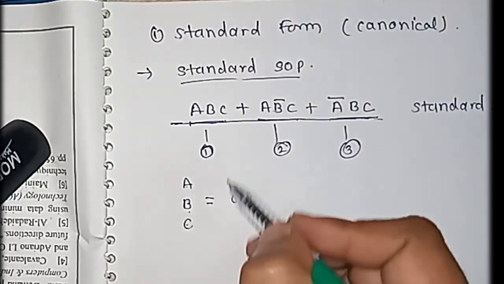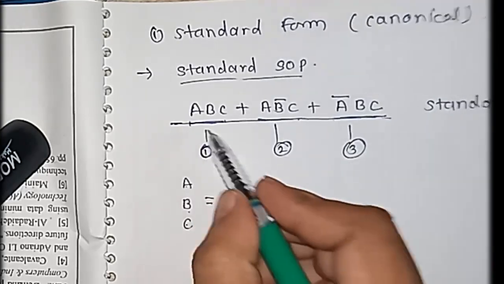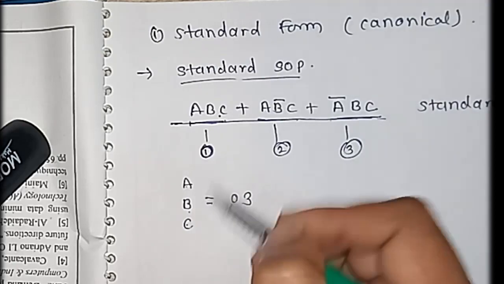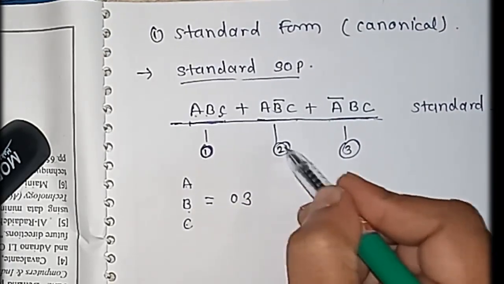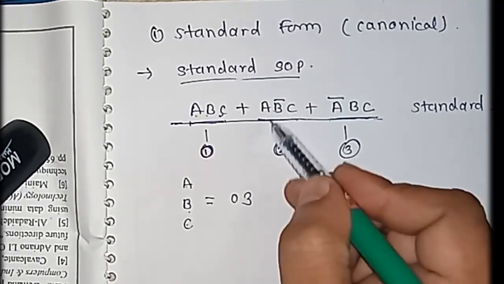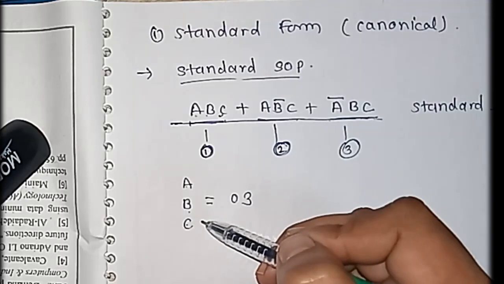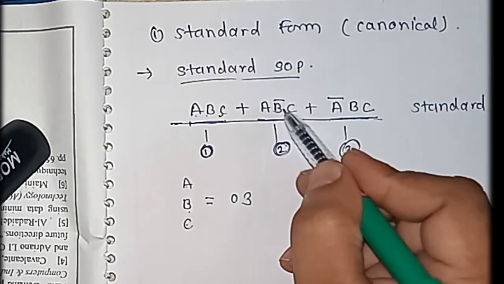Now consider each product term. In the first product term ABC, all these 3 literals are present: A, B, C. In the second term AB bar C, all the literals are present, A, B and C, but the difference is that B complement is present.